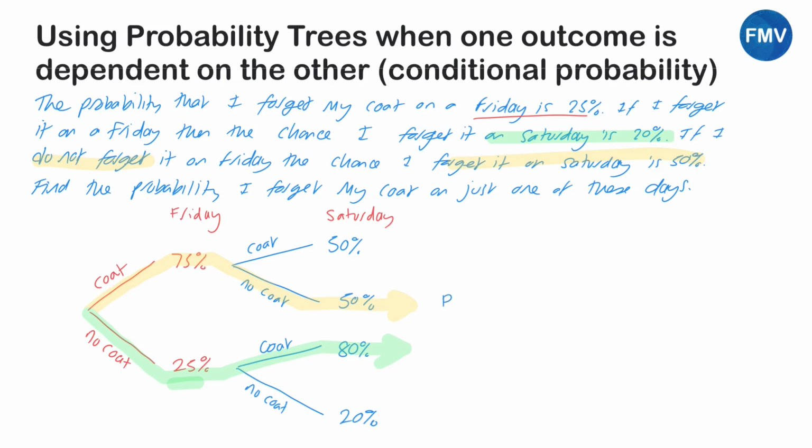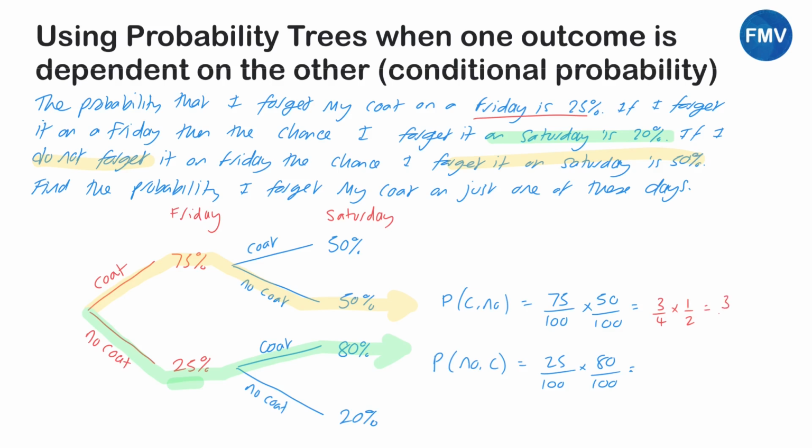So the probability of coat and then no coat is equal to 75%, which is 75 over 100, multiplied by 50%, which is 50 over 100. We'll do that in a moment. And the second one, the chance of getting a no coat, then a coat, is 25 over 100, multiplied by 80 over 100. So what I would have done was this. 75% is 3/4, multiplied by a half.